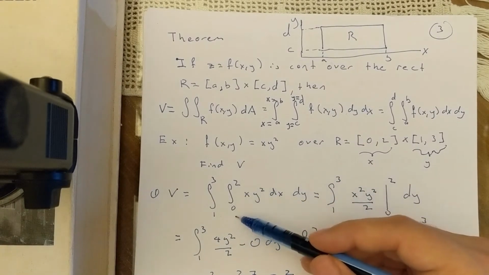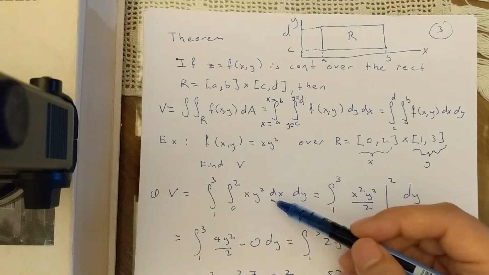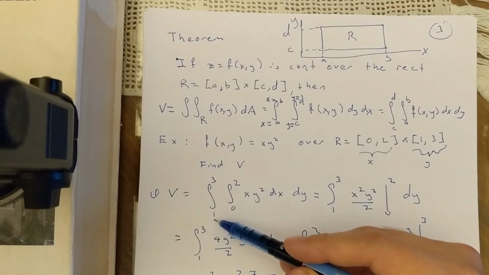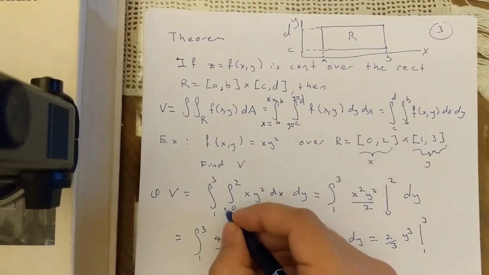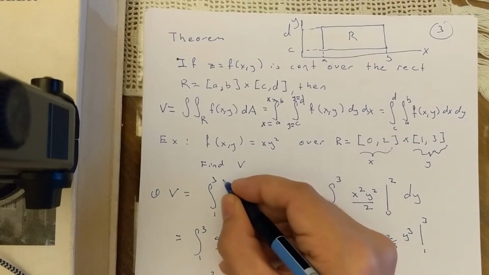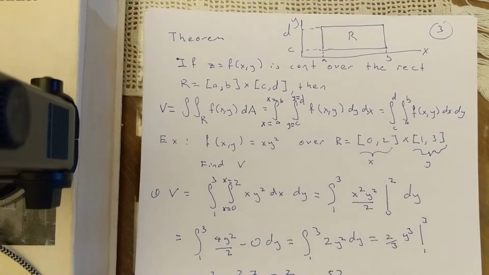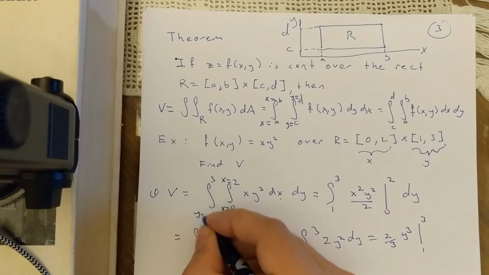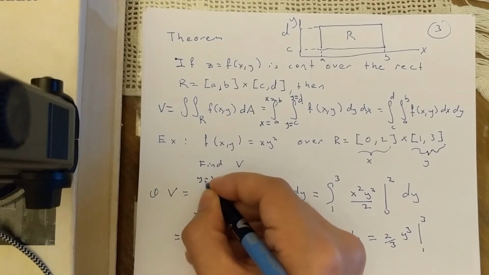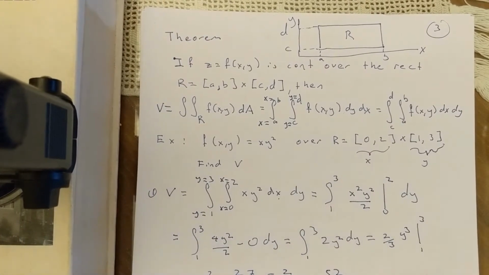You say 0 to 2, x y squared dx. And where does y go? Y goes from 1 to 3. That's why y is on the end. So if you write these, you'll never get confused. If you write, well, this is the boundaries for x, then the first one has to be dx. These are the boundaries for y, then the outside one has to be a dy.